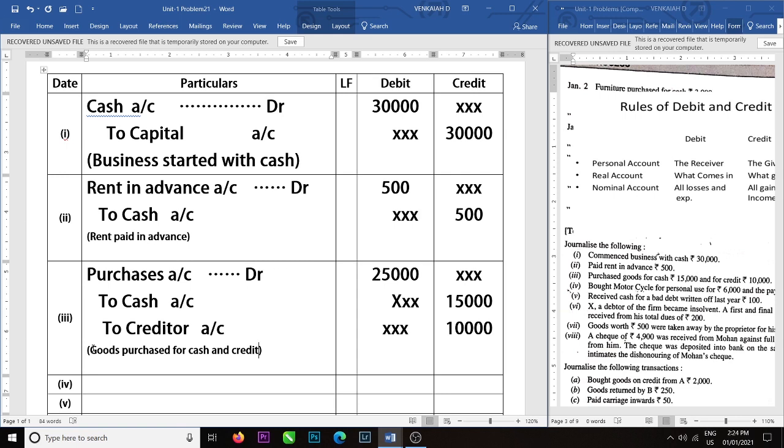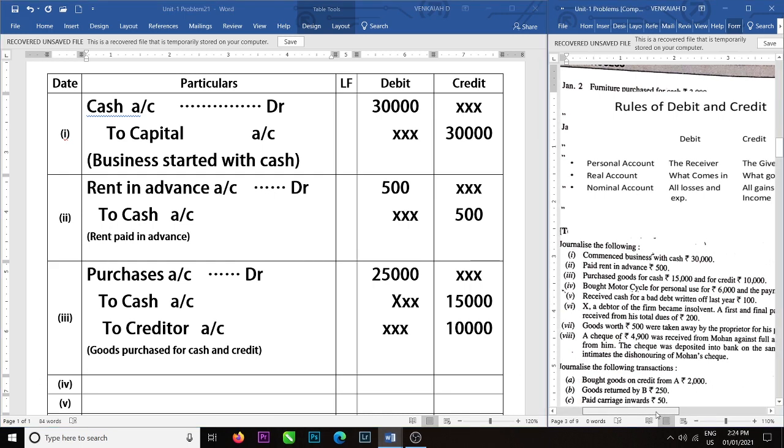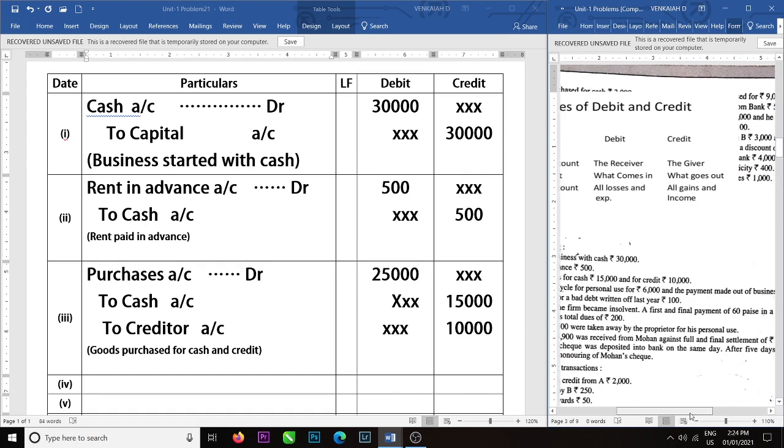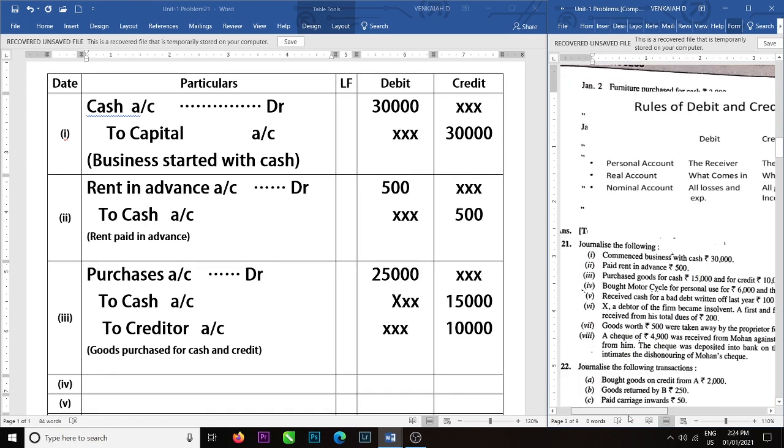Bought motorcycle for personal use for 6,000 and the payment made out of business money.